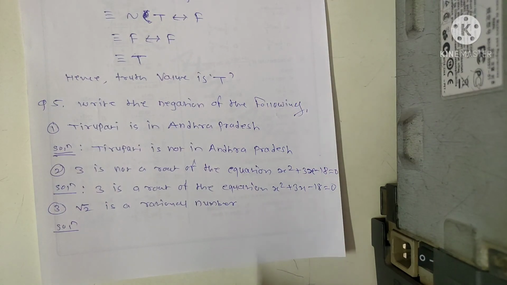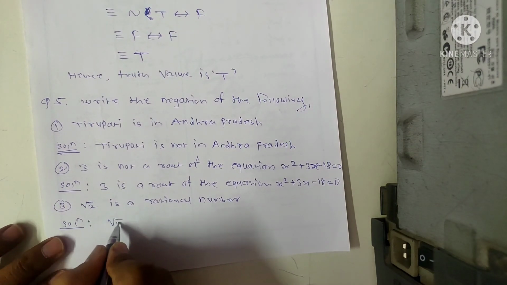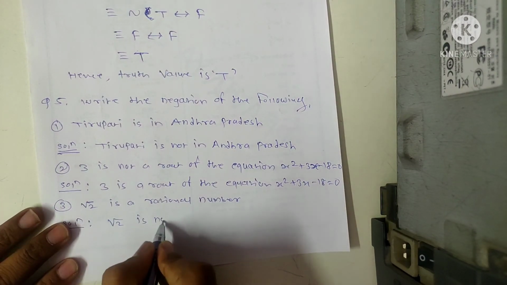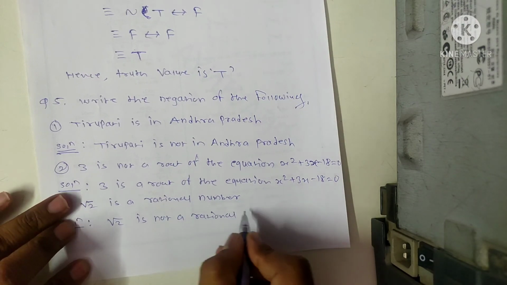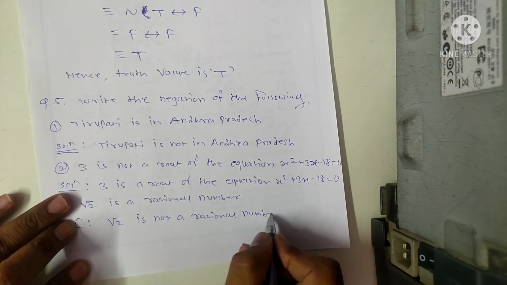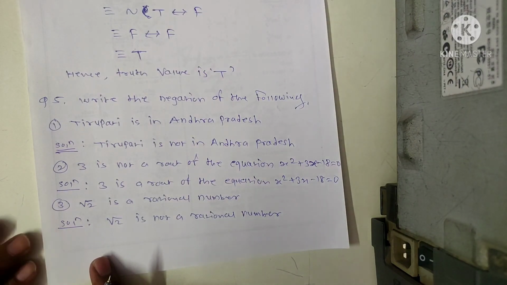Simple, we use the word not here. Root 2 is not a rational number. Simply we have to use not here, means we have to use the negation here.